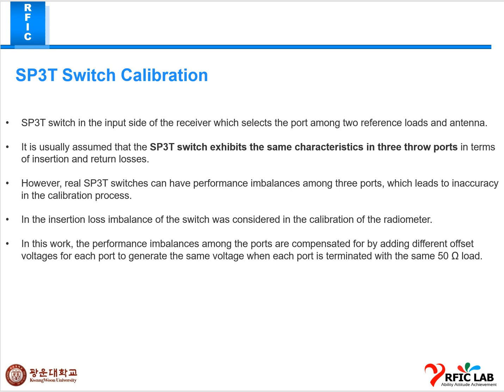In calibration of the radiometer, performance imbalance among the ports is compensated by adding different offsets, and each port generates the same voltage. Each port is terminated with the same 50 ohm load.